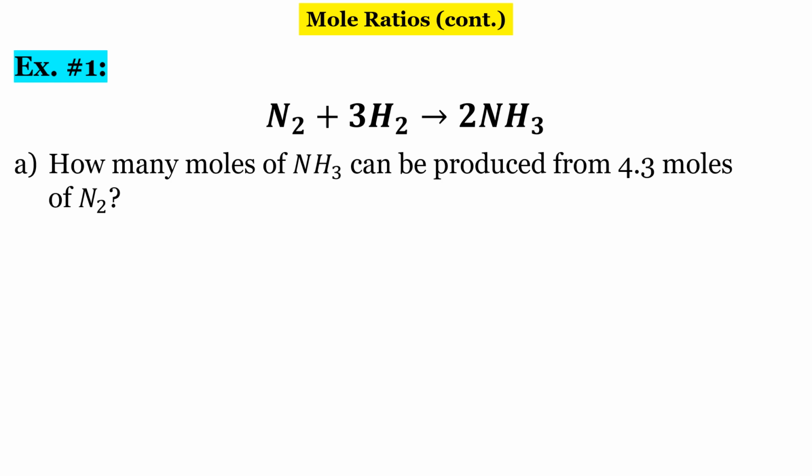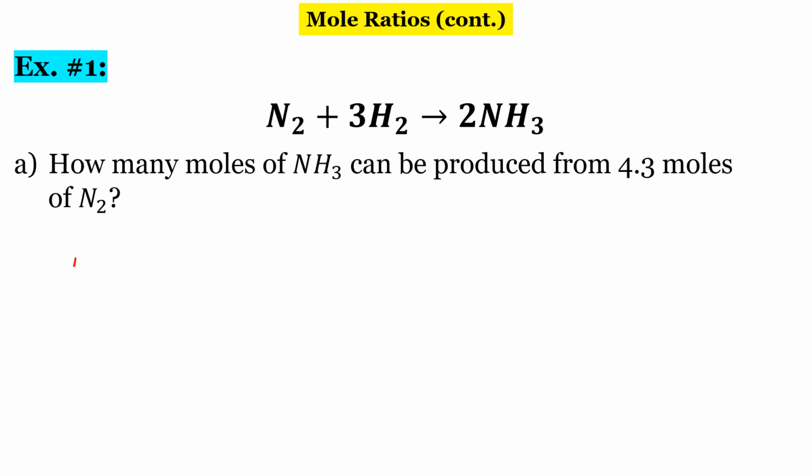So let's look at an example and let's see how we can use these mole ratios to determine either products or reactants in a chemical reaction. So the question says, how many moles of NH3 can be produced from 4.3 moles of nitrogen, N2? So just like before, we're going to write out what we're given first.